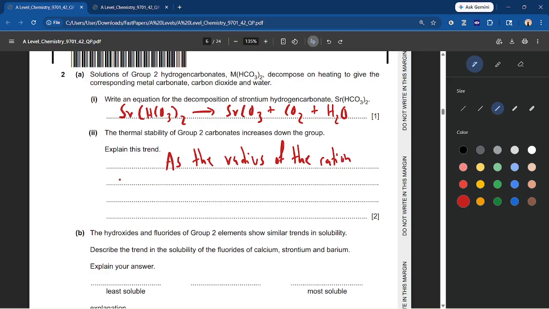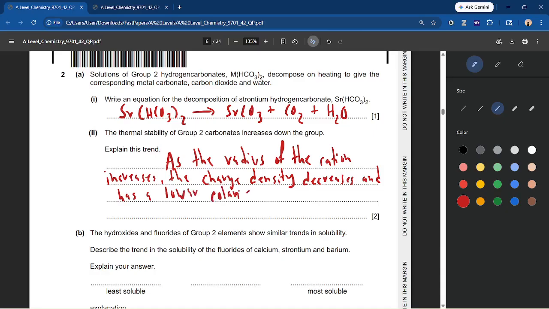As the radius of the cation increases, the charge density decreases, and has a lower polarization on the anion. There we go.